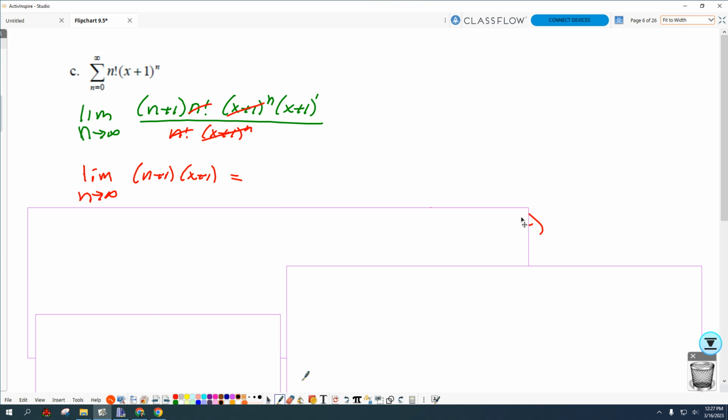So doing the ratio test, I get infinity, n plus one, basically, times x plus one. If I was listing out the terms, I would get 1 plus 1.